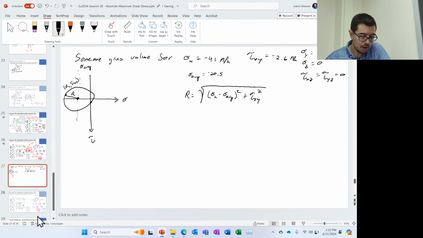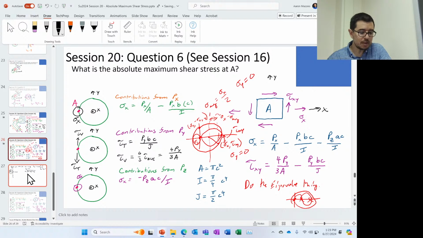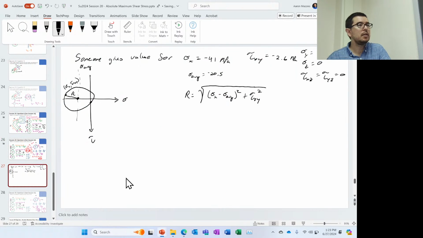Okay. And this problem is asking, what is it asking actually? I don't even know. What did I ask? Oh, absolute maximum shear stress. Okay, so I have a sigma 3 equal to 0 at the origin, right?